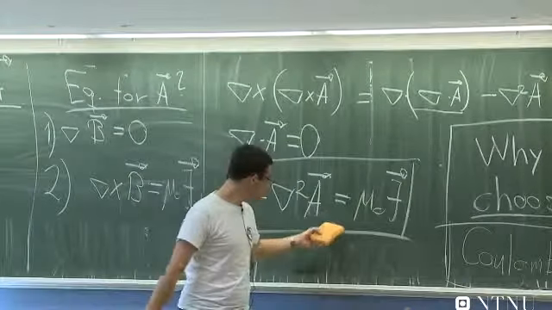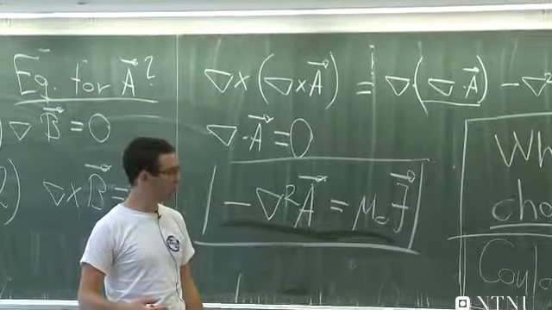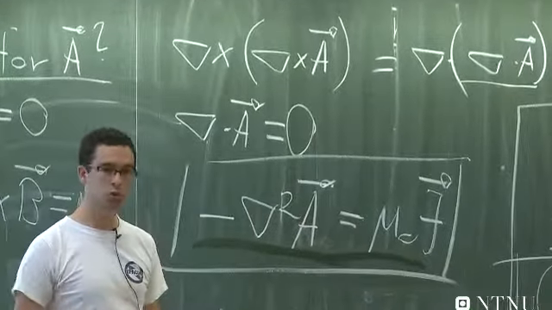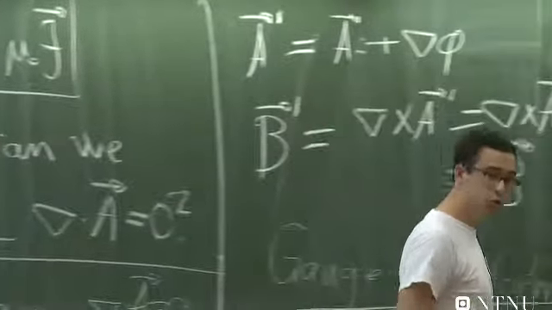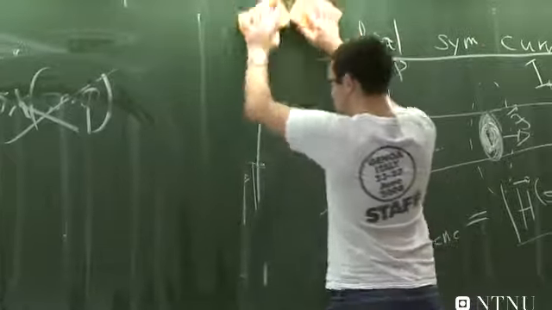Okay, as we can see here that the Poisson equation is fulfilled for each component, and we know a solution of the Poisson equation for the scalar potential. And this means I can just write down the solution for the vector potential as well.